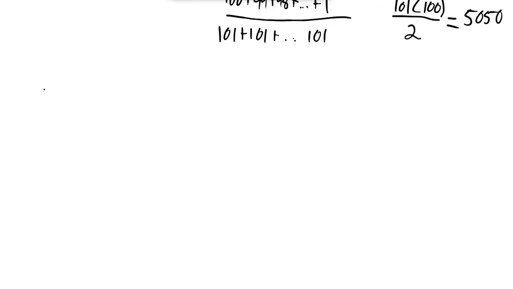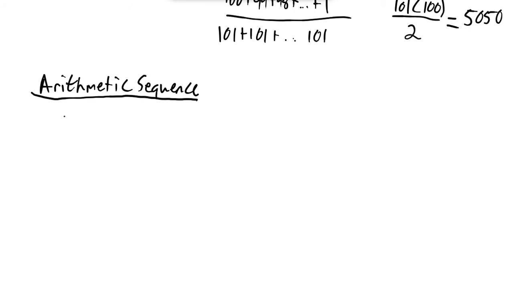All right, so what's an arithmetic series and what's an arithmetic sequence? Well, an arithmetic sequence was what we were dealing with. An arithmetic sequence is where we're adding or subtracting from one number to get to the next. So going from 6, then we go to 9, then 12, 15, and so on. An arithmetic series takes that sequence and adds all of the numbers together.